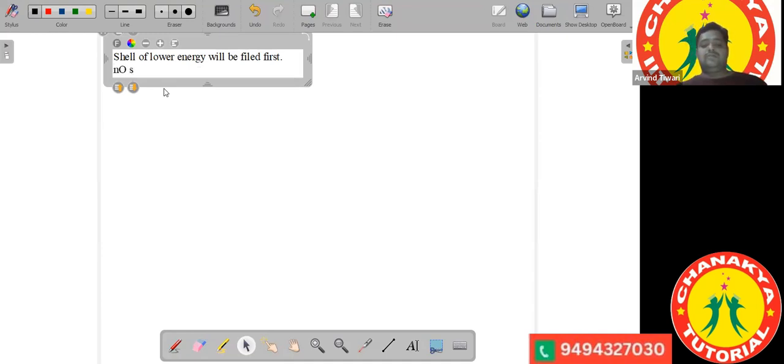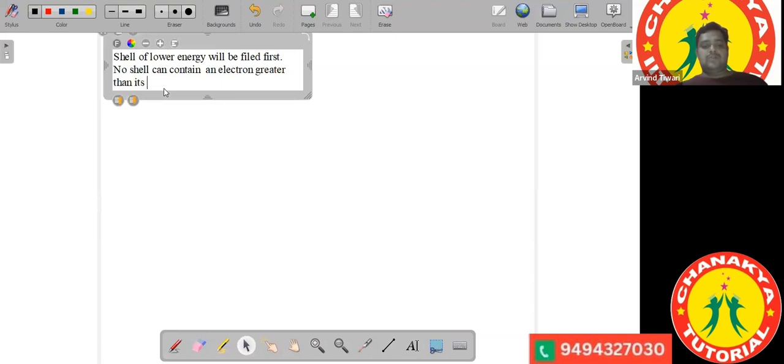Also, no shell can contain electrons greater than its capacity.